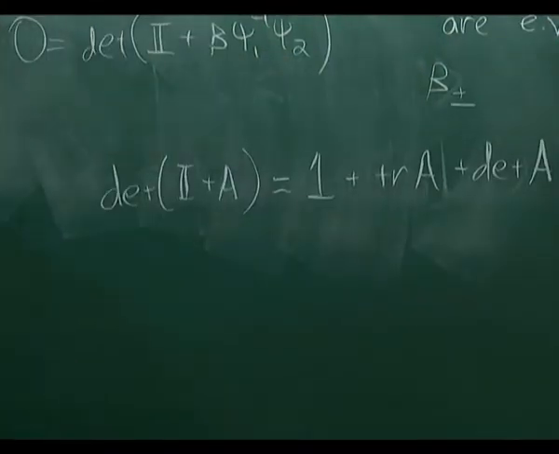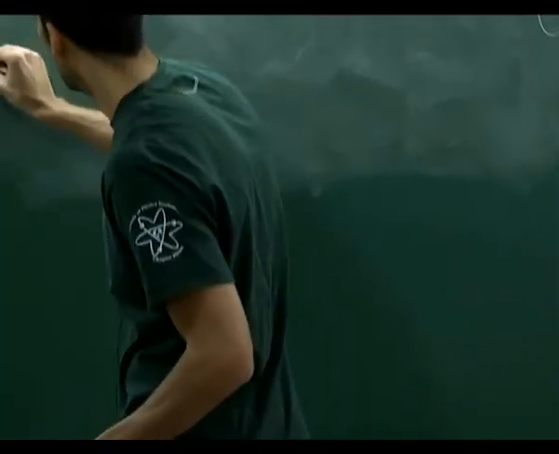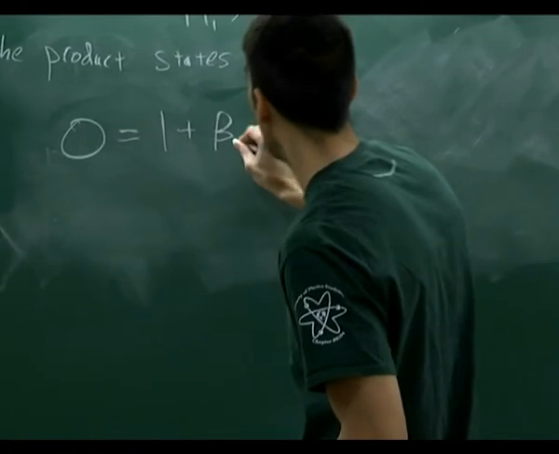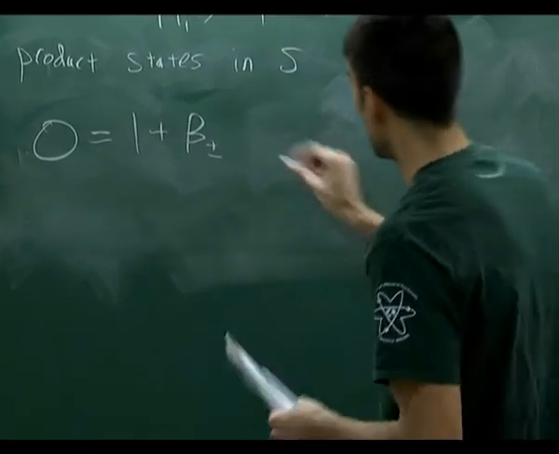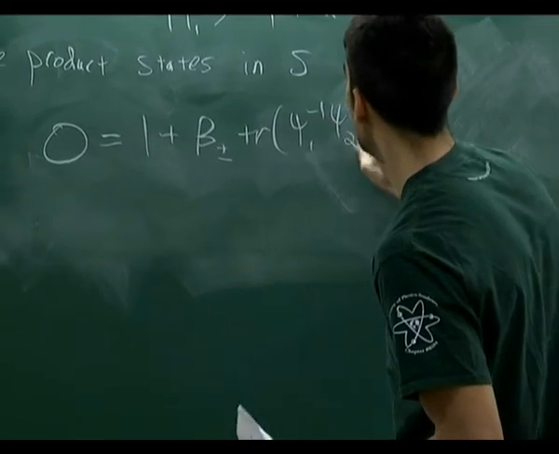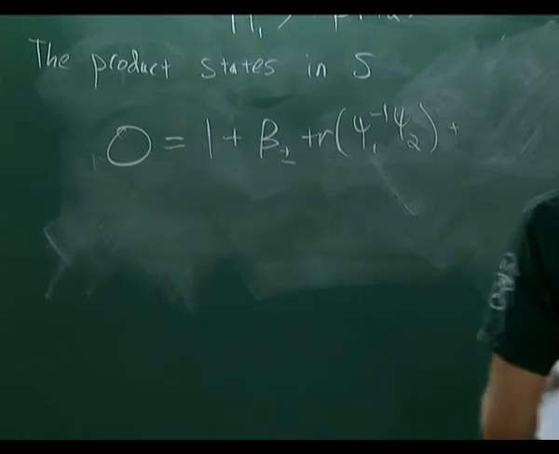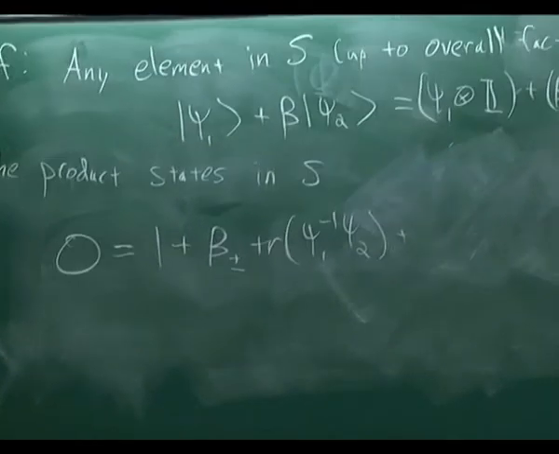So we have that 0 must equal 1 plus beta plus minus the trace of psi 1 inverse psi 2 plus, sorry, maybe there's a determinant squared here, I think.